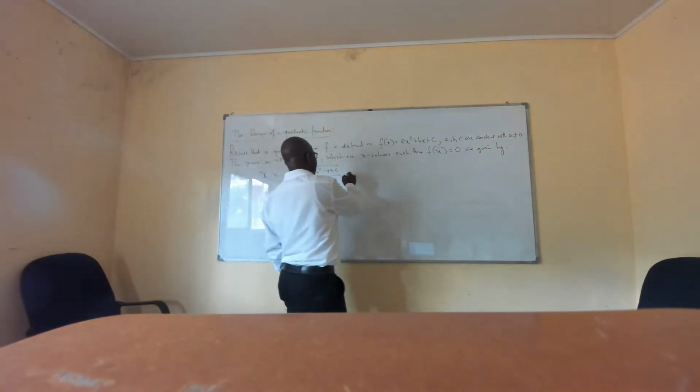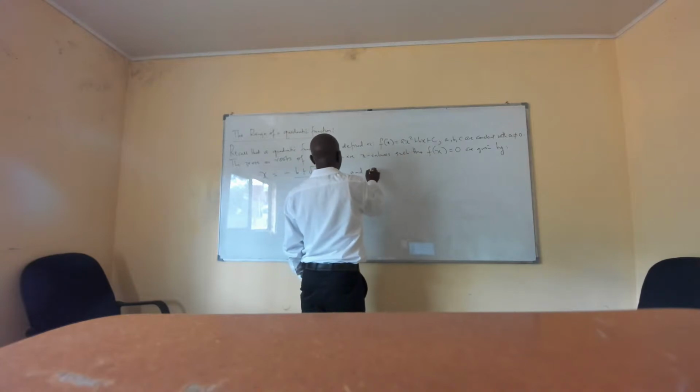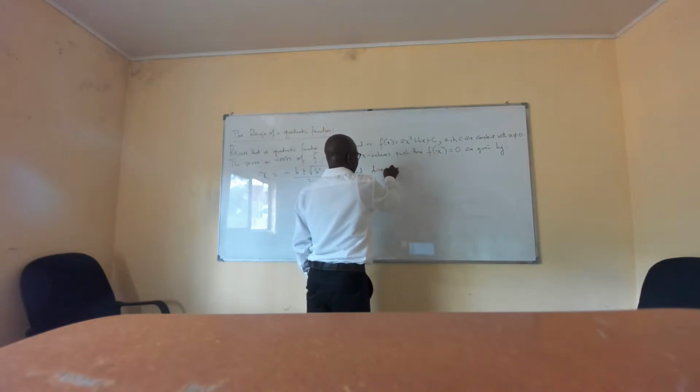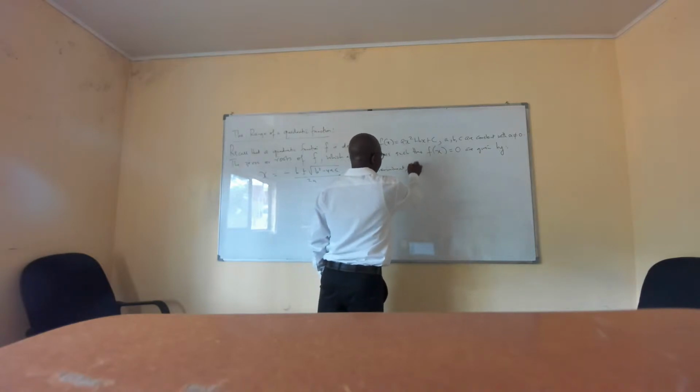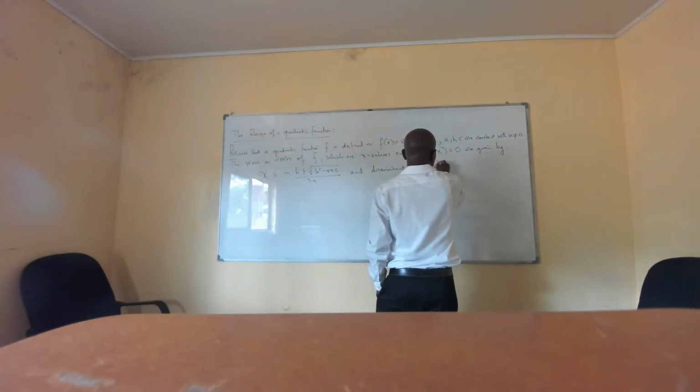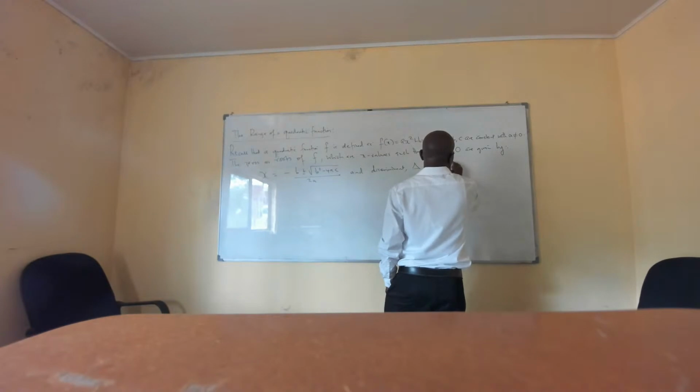And recall that the discriminant delta is just b squared minus 4ac.